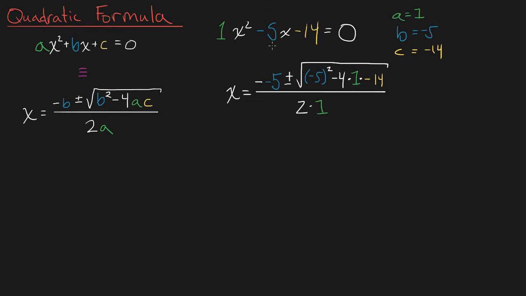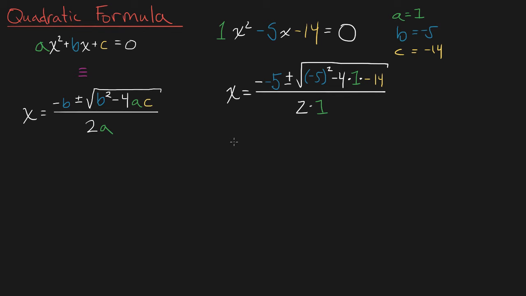Okay, so I've replaced the variables in the quadratic formula with my particular coefficients for the equation that I started with. And now all we need to do is simplify the right-hand side, and we'll find out the values for x. And rather than carry this through with the colors, I'm just going to convert everything to just teal here.